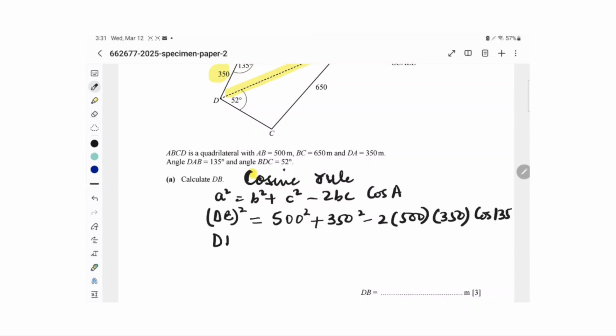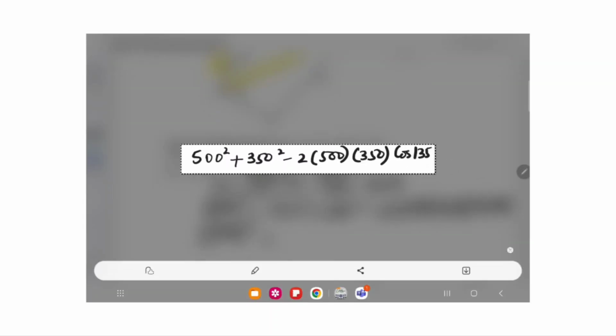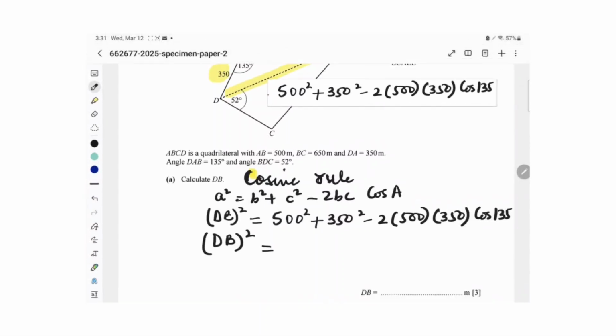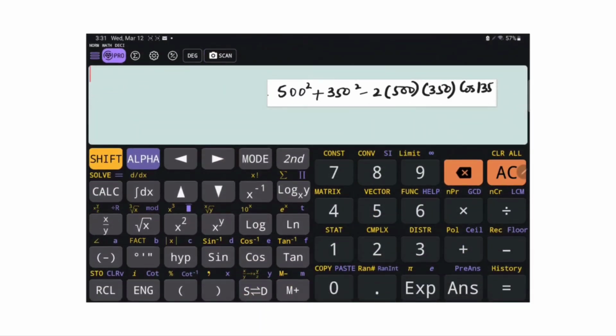take your calculator. All right, now 500 square plus 350 square minus 2 times 500 times 350 cos of 135, and close the bracket.